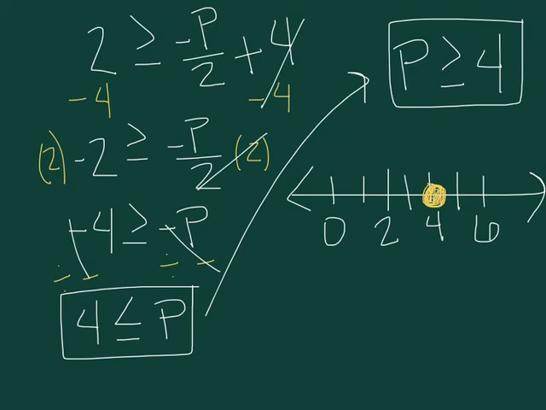And then the p values are greater, so we're going to shade in above the 4. And the graph would look like this. So basically, I could pick any number, 4 or higher, plug it back into the original equation, and I would be left with a true statement.